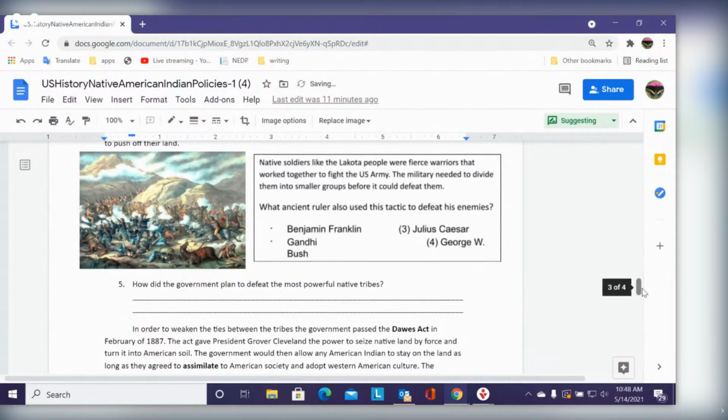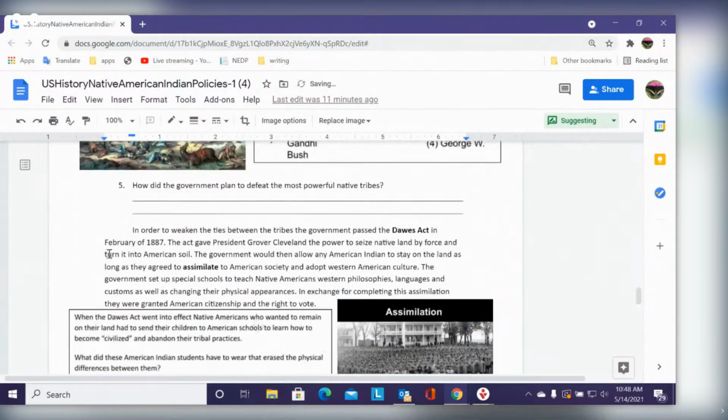And then finally, in order to weaken the ties between the tribes, the government passed the Dawes Act. I would remember this. You'll see that word in February of 1887, and that gave the president power to seize native land by force. And then if any Indian was allowed to stay on the land, they had to adopt American culture.